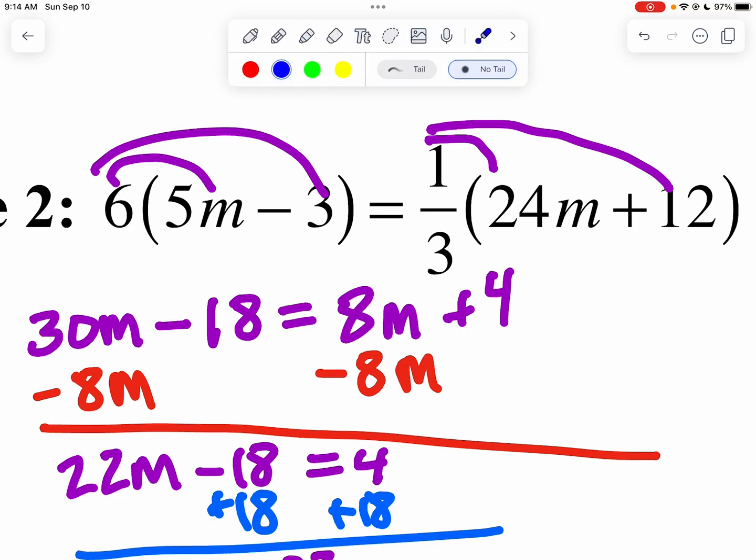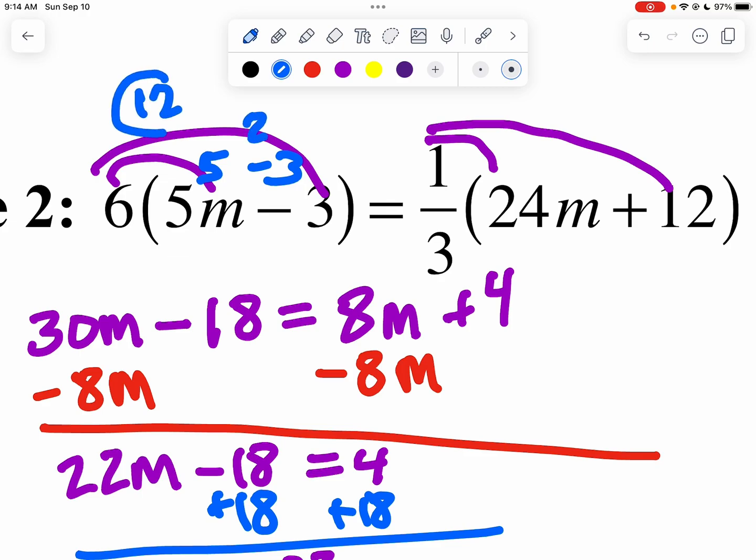So 5 times 1 is 5. 5 minus 3 is 2. 2 times 6 is 12. So I get 12 for the left side. 24 times 1 is 24.